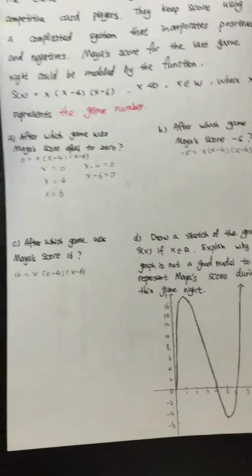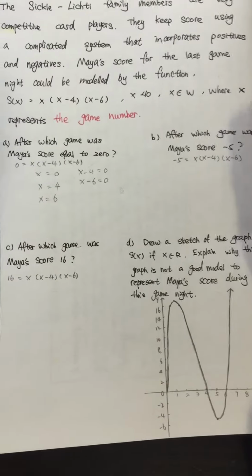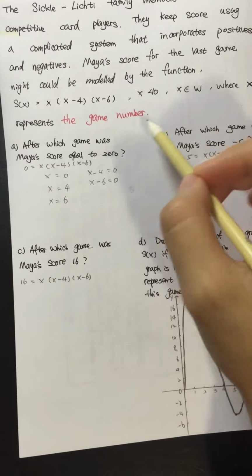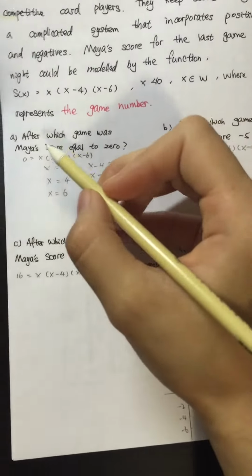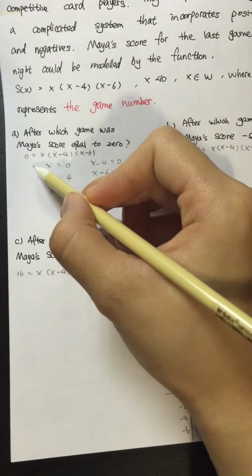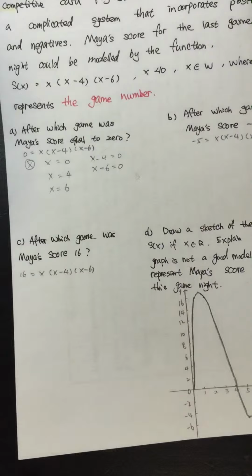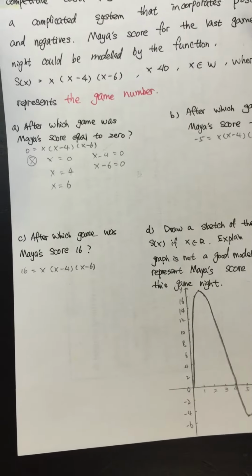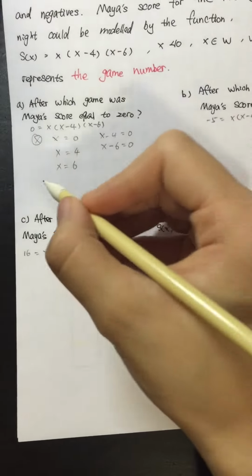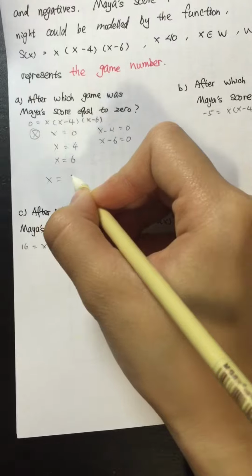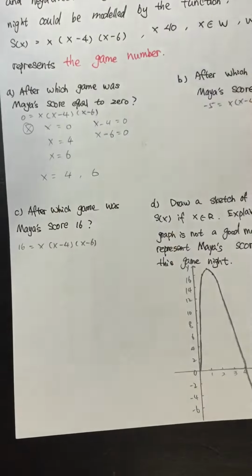And the question says that x represents the game number, so x equals 0 cannot be the answer. So the answer for this first question is x equals 4 and 6.